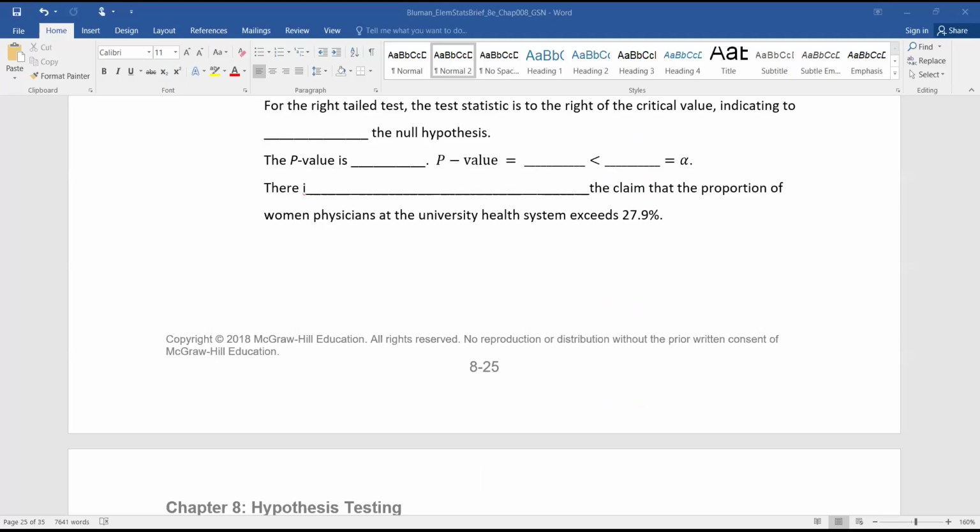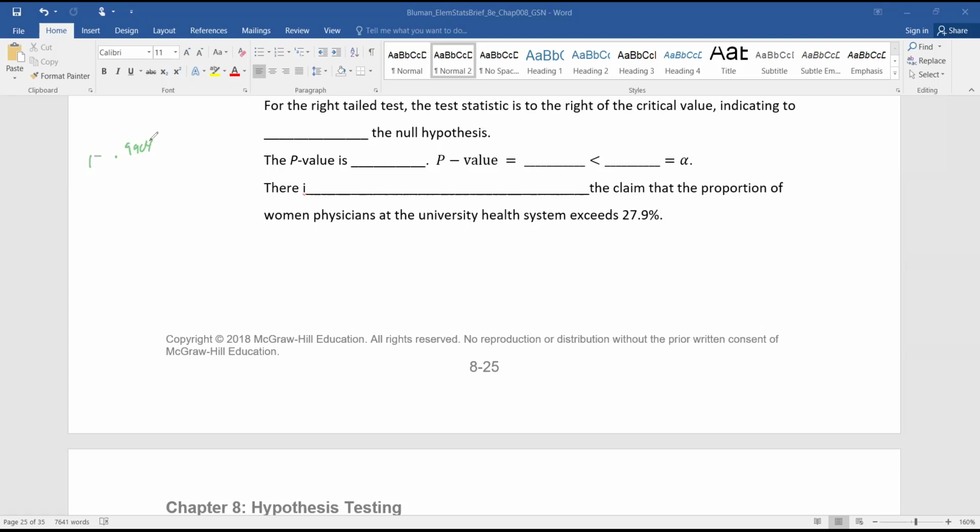So I get a p-value of 0.9904, but this is a greater than, so it's the right side of it.